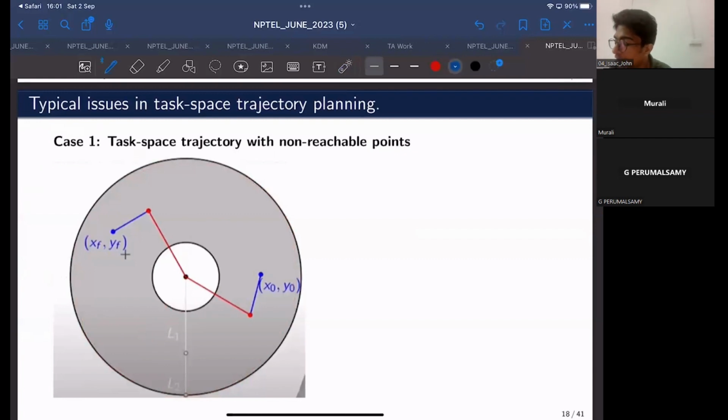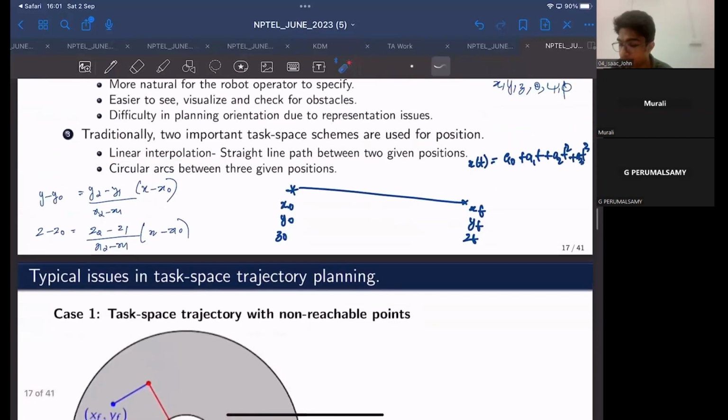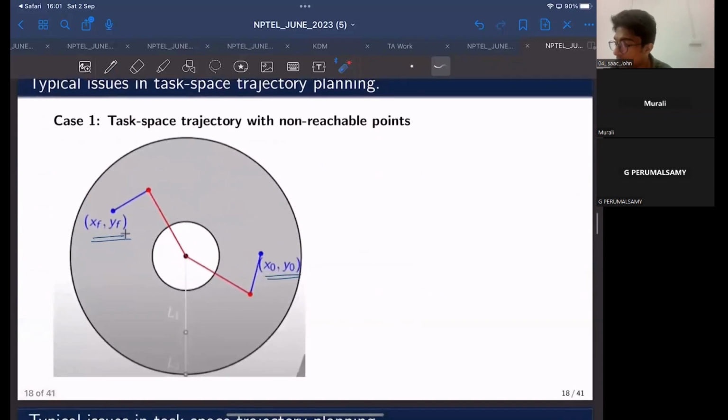If you are given an initial position x0, y0 and a goal position xf, yf, and you are planning this trajectory in task space using a straight line trajectory, a linear interpolation, your planned trajectory would look something like this. But obviously, you can see that the planned trajectory takes the robot outside its workspace.